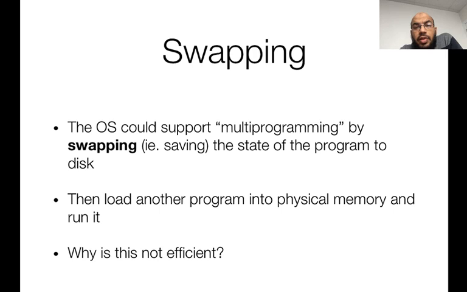The way you would get a program out to load another program without shutting down the first was via swapping. Swapping was saving the state of the program to disk. After you save this, you start loading another program into physical memory and run it. Can you think why this is not efficient? As you probably guessed, it's because disk access is very, very slow.